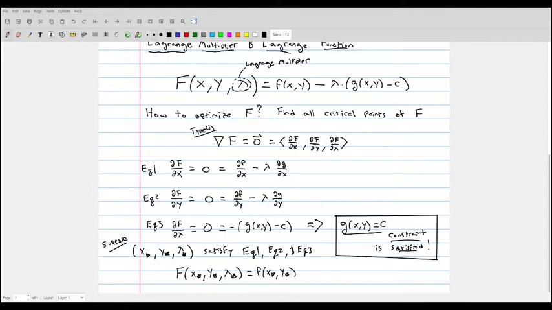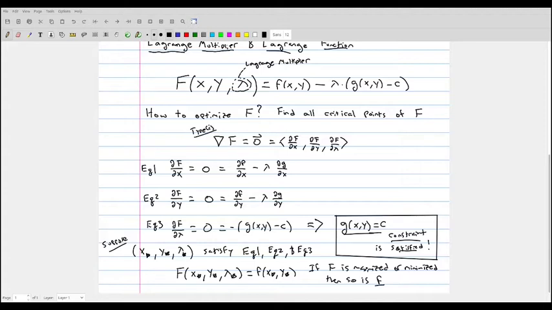But if it's a local max or a local min of the Lagrange function, then if it is maximized or minimized, so is the function lowercase f. The constraint is also satisfied.